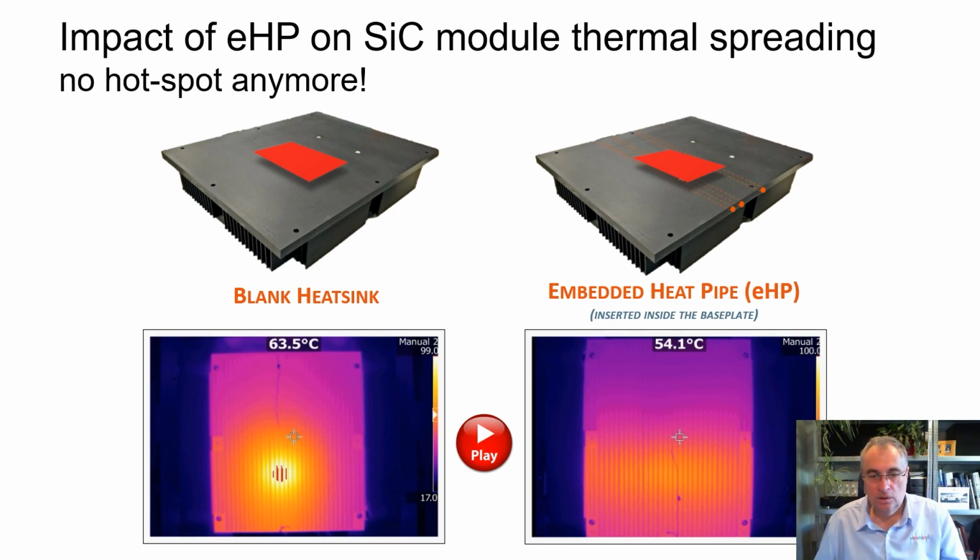In the end, we also observe a temperature rise which is approximately 10 degrees more here as compared to the one with the embedded heat pipe. So really, embedded heat pipe can turn any kind of standard blank heat sink into a very high performance air heat sink.